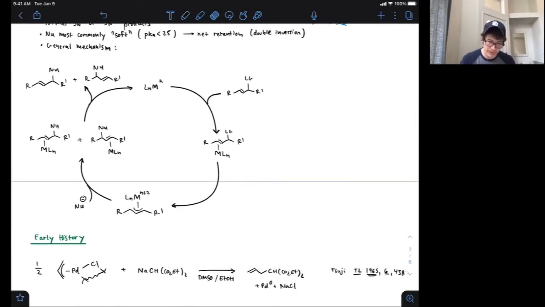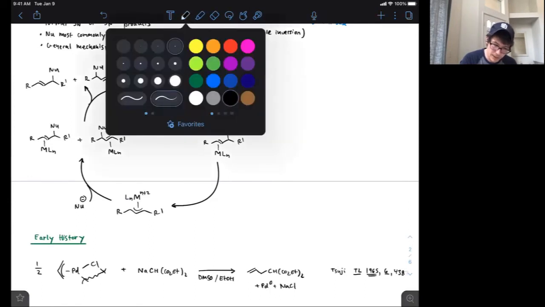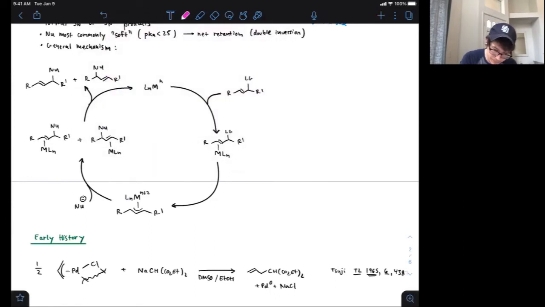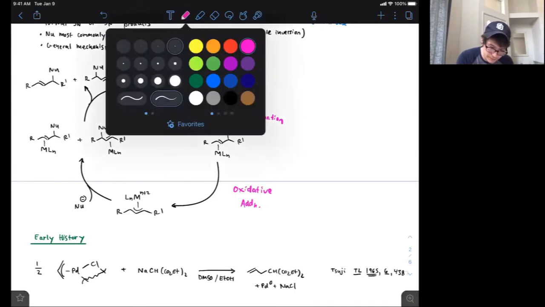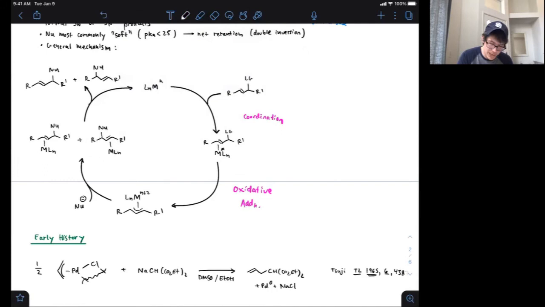So here's now these steps all put together. We start with coordination. And then oxidative addition. Now the oxidation state of the metal, which was just N, is raised to N+2.